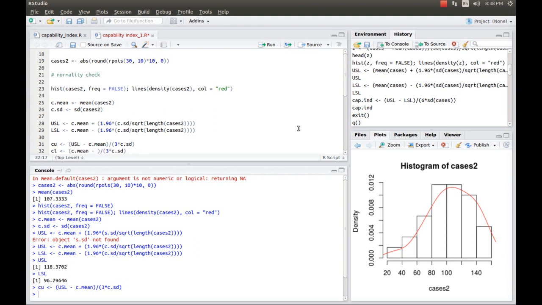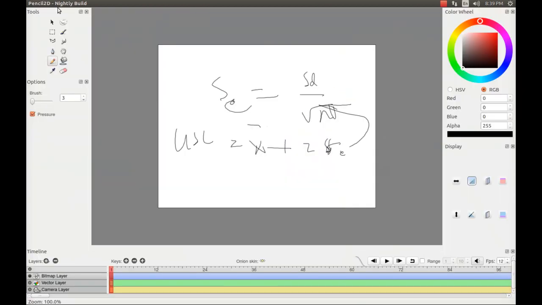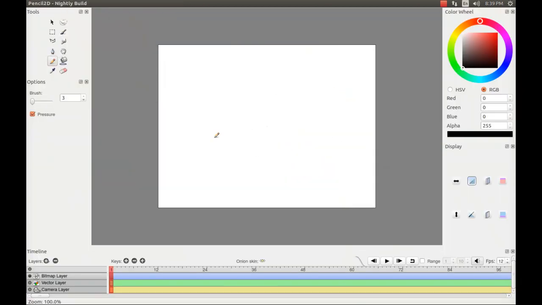And the reason is very simple. Let me tell you that again. As I said, CPK is going to be the minimum of C upper and C lower. Why? One of the reasons is that we are going to exercise the worst possible scenario.